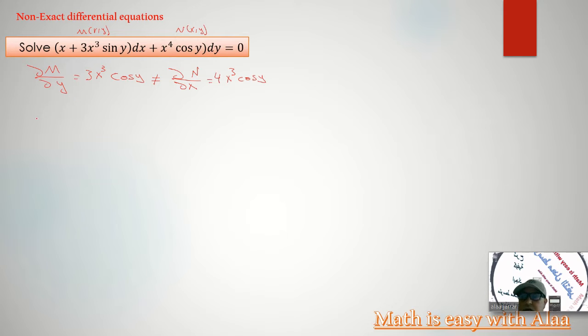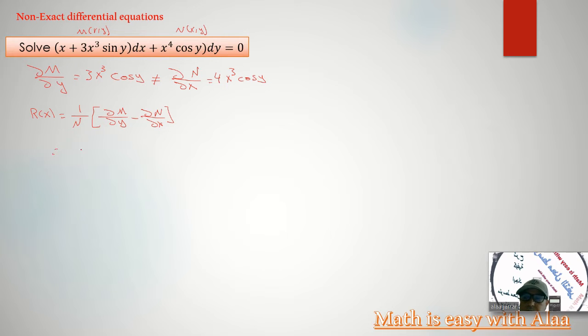Now we will find the integrating factor. How can we do that? We find R(x) equal to 1 over N times (partial M with respect to y minus partial N with respect to x).